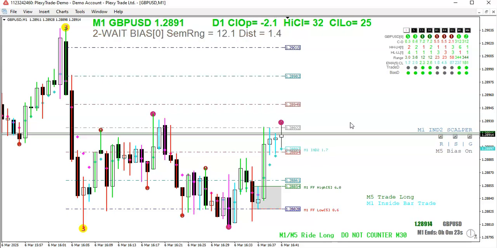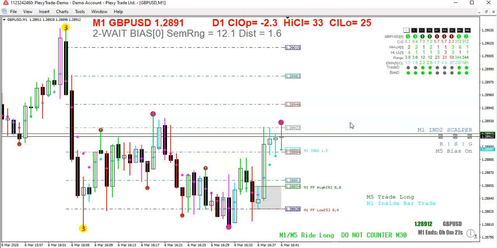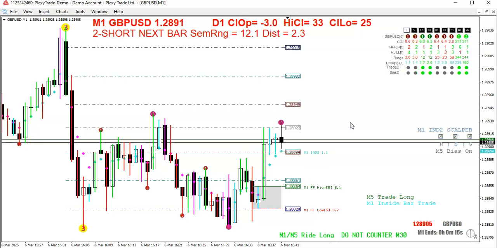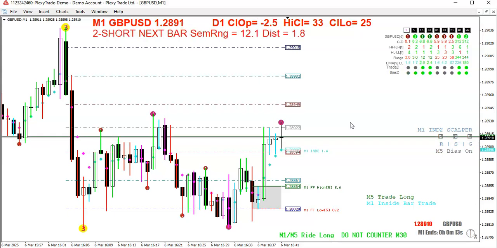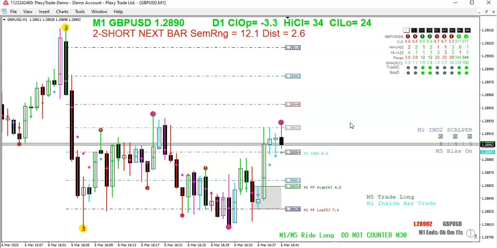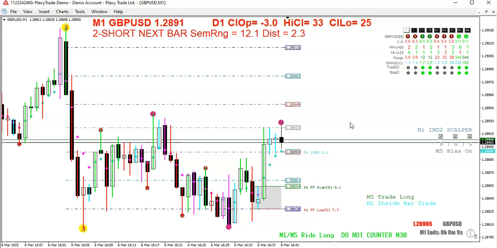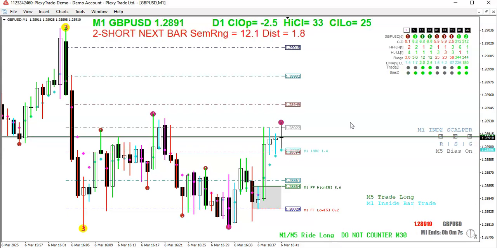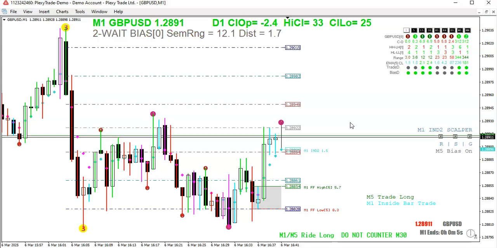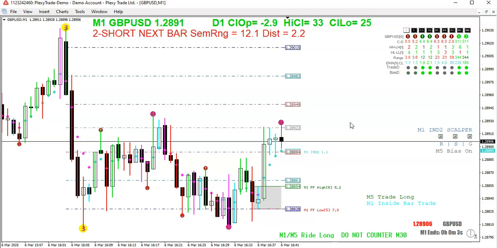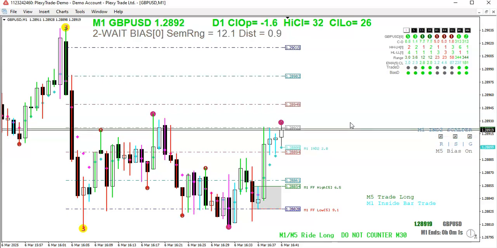So if I got a flip flop that happened to line up with a psych line, and what do I mean by a psych line? 0, 25, 50, 75, any of those lines. If I got a flip flop at the same time as one of those, my thinking is that's probably good for 2 or 3 pips. Let's take that trade and be ready to get out as soon as you get it.